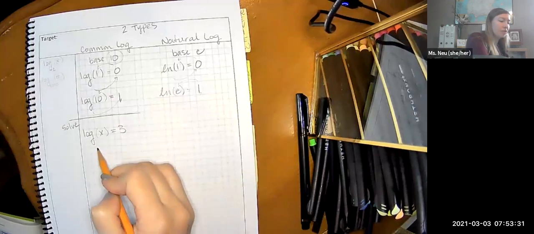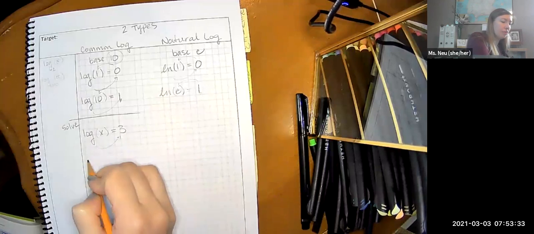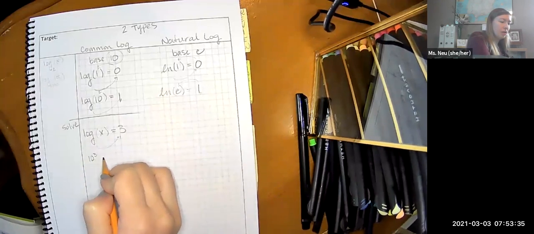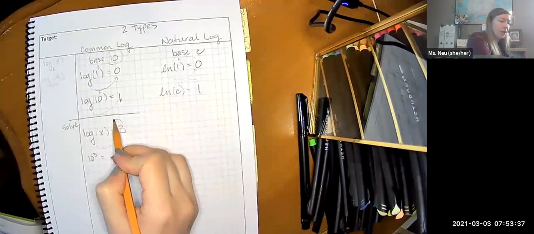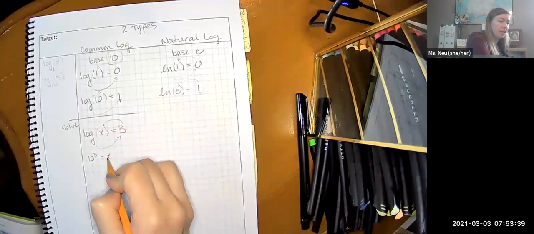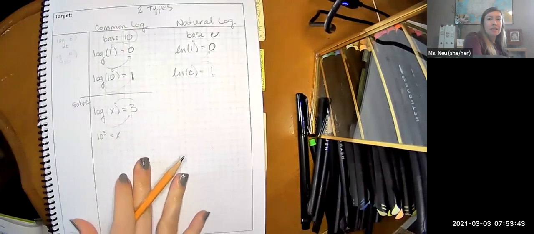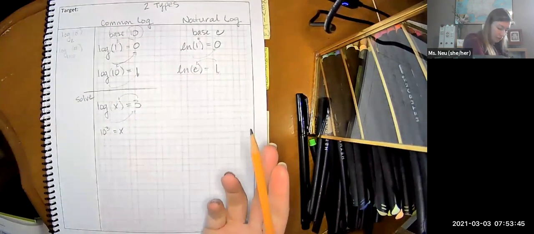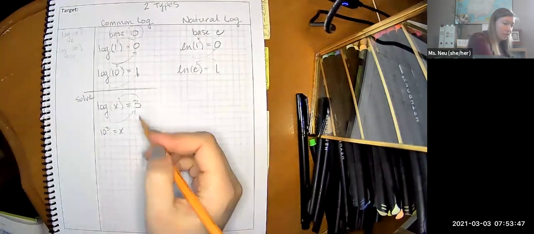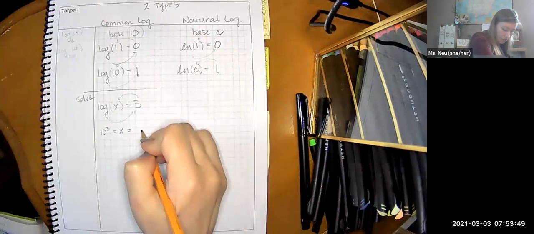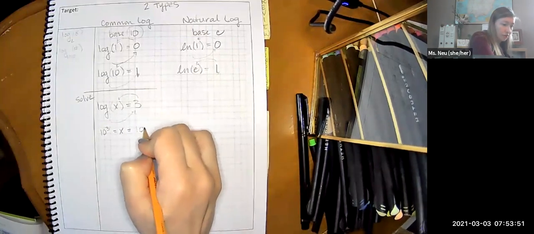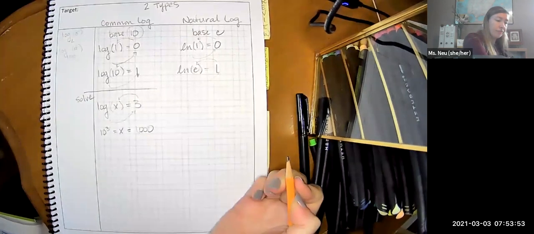So we're asking ourselves, 10 to the power of 3 gets me back to x. And now it's really obvious, right? What is 10 cubed? It's just 10 times 10 times 10. So that's really easy. X equals 1,000, 3 zeros, and you're done.